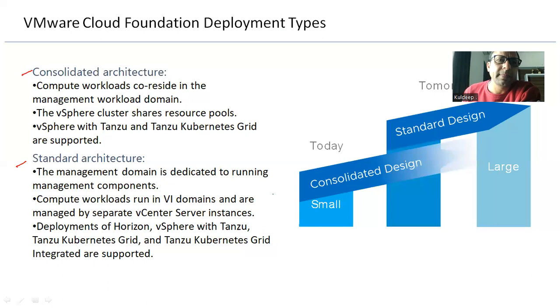Consolidated architecture is primarily for small environments where the customer just needs to create a single cluster, keeping its management VMs and the workload VMs together. In the standard deployment, the management VMs are kept in the management cluster under the management domain, and all the customer workload VMs are kept inside the workload domain cluster. So later on, if a customer wants to transform their data center from consolidated architecture to standard architecture, they can easily migrate their VMs, primarily the workload VMs.